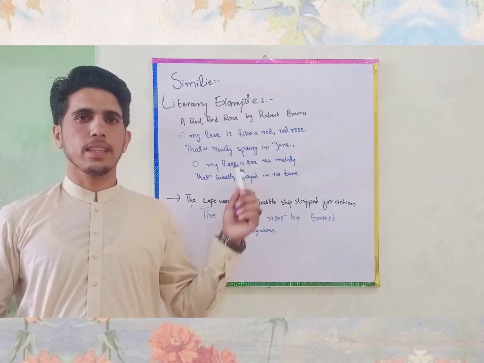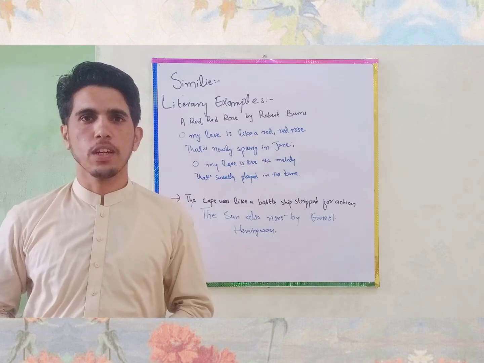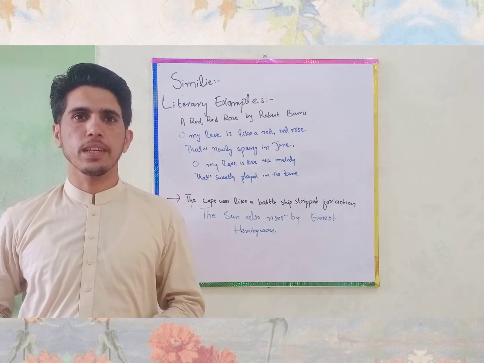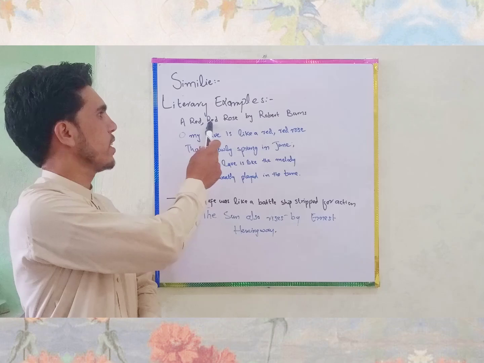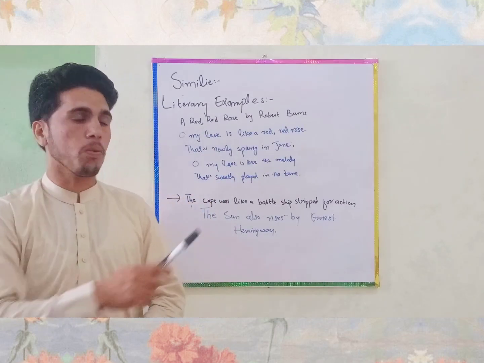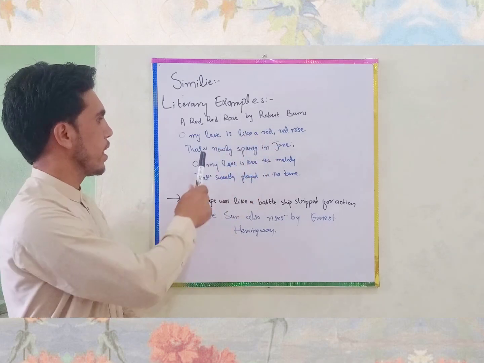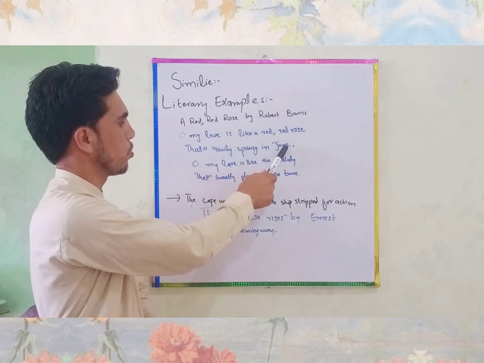Now we are looking at some literary examples of simile across literary works. A famous example is from the poem A Red, Red Rose by Robert Burns. Let's read the lines of this poem. Oh, my love is like a red, red rose that's newly sprung in June.